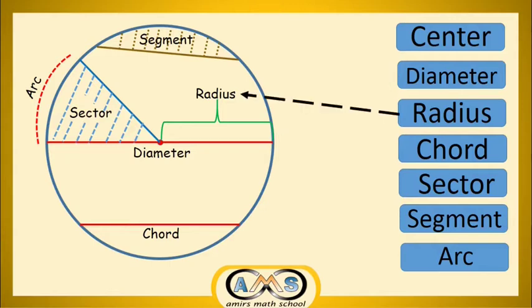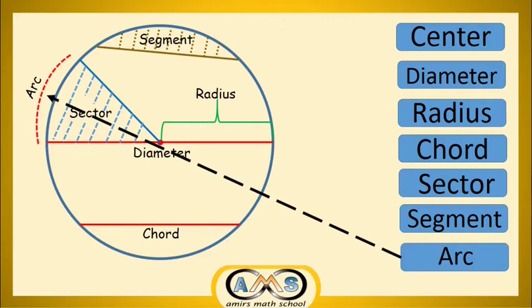The radius is half of this diameter, and this line indicates the chord, and this area indicates the sector. The sector is enclosed area with the radius and arc, and this area represents the segment, that is the enclosed area with the arc and the chord, and this part represent the arc, the part of circumference, or you can say one piece of circumference.